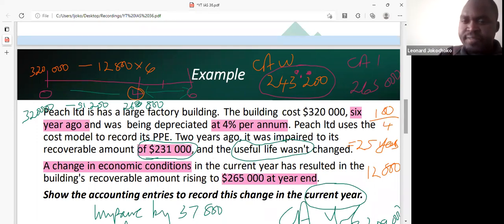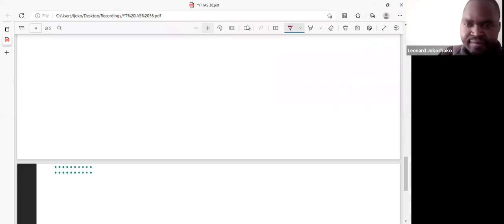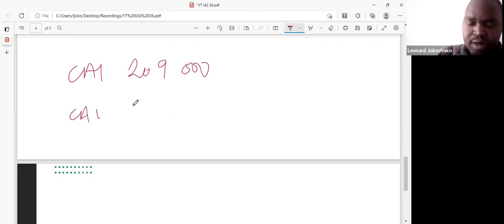To record this in our books, we treat it like this. First, I'll take our carrying amount with impairment. Our carrying amount with impairment took us to 209,000. Our carrying amount without impairment took us to 243,200.